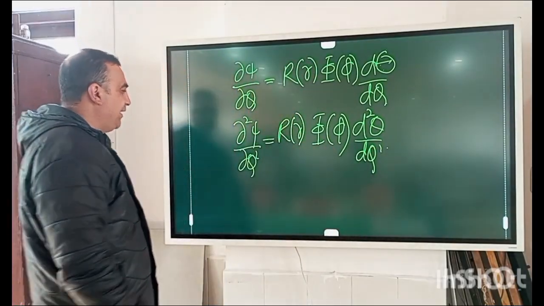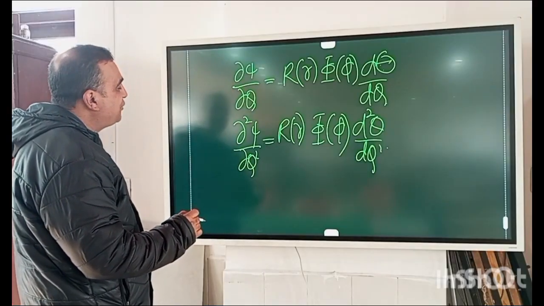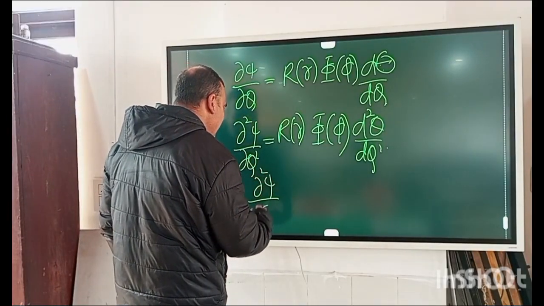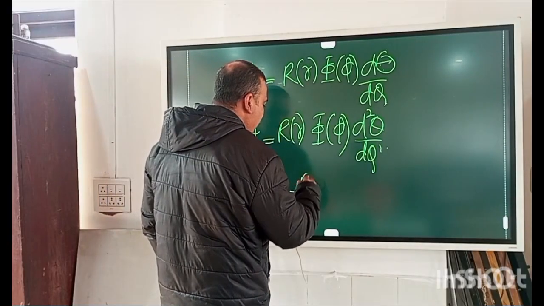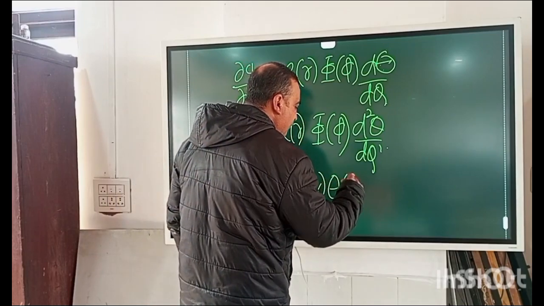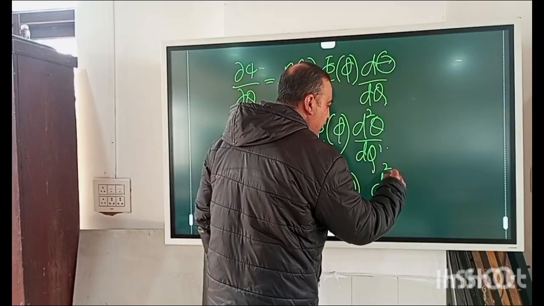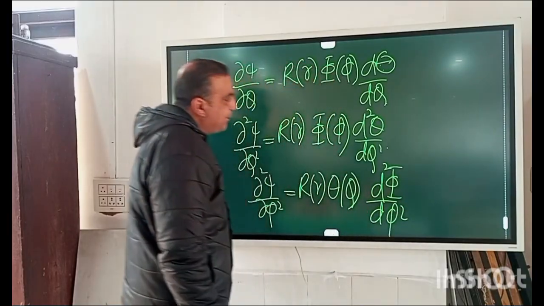Finally, for dou 2 psi by dou phi 2, R of r will be out, Theta of theta will be out, and inside you will have d2 Phi by d phi 2.